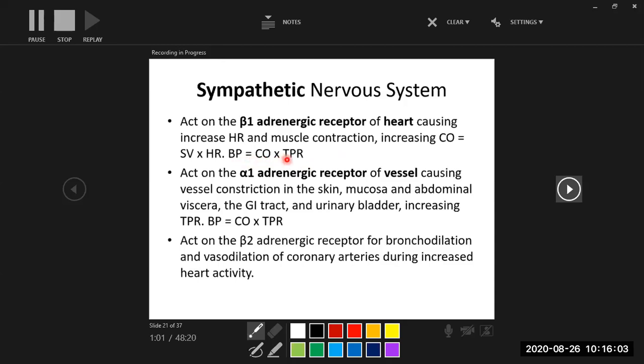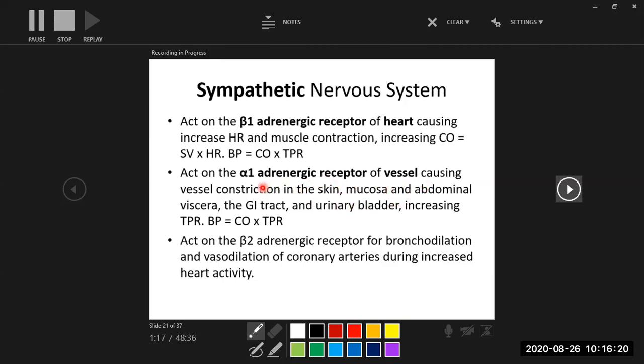BP equals CO times TPR. So that's the beta-1 receptor. Epinephrine and norepinephrine can also act on the alpha-1 receptor in the vessel. This one will cause vasoconstriction.